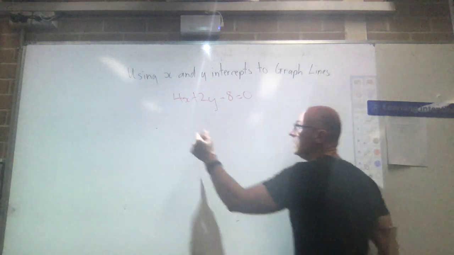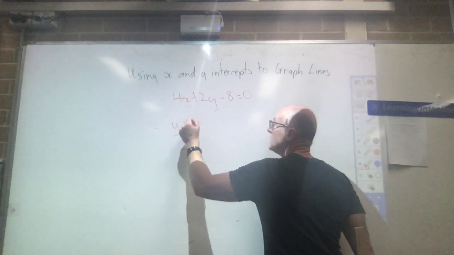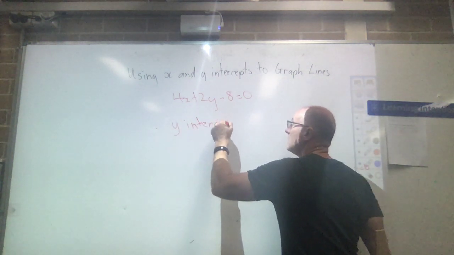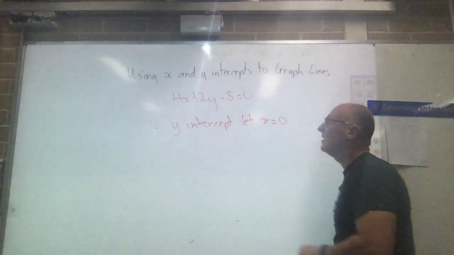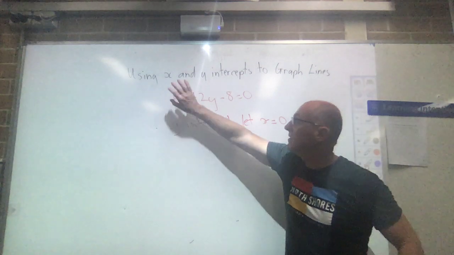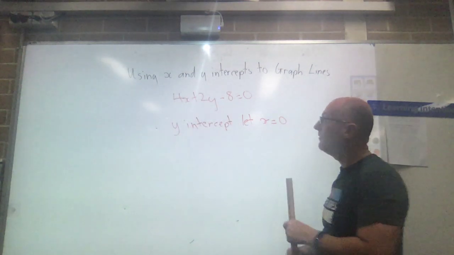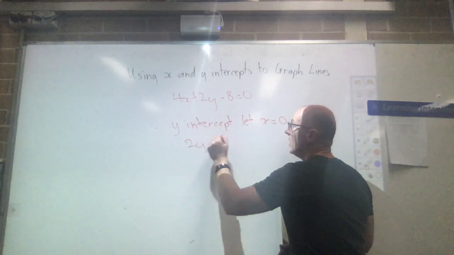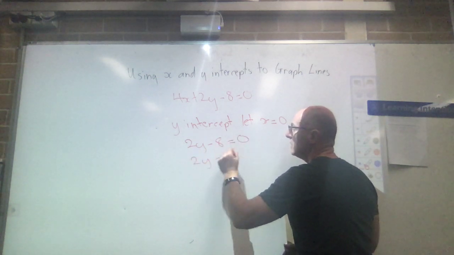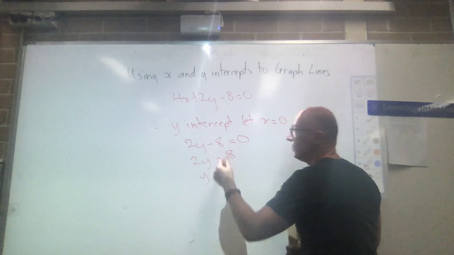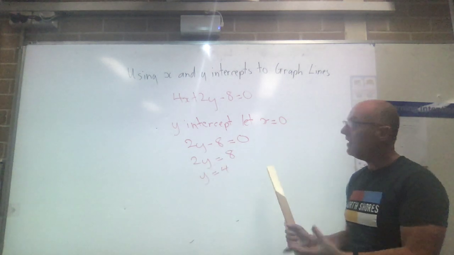Y-intercept: let x equal 0, which is pretty easy. That term becomes 0, so you're left with 2y minus 8 equals 0, plus the 8 across, y equals 4. Only took a couple of seconds, we're halfway there.